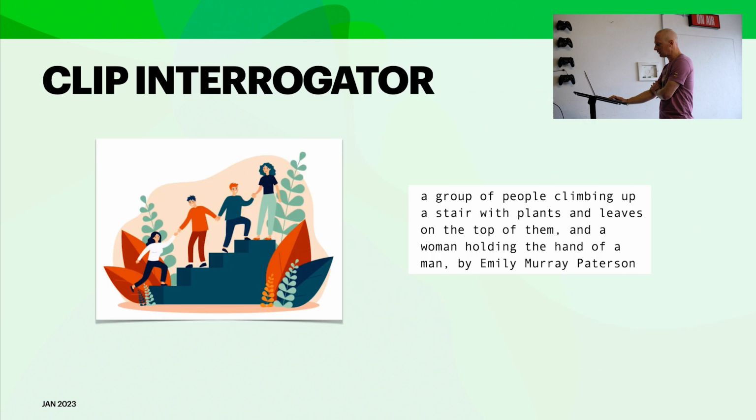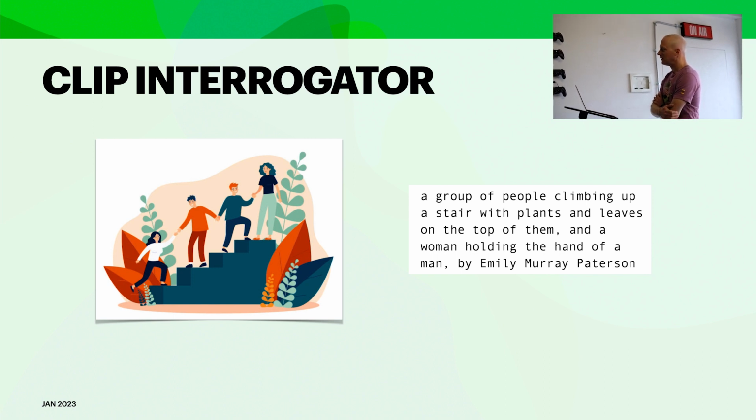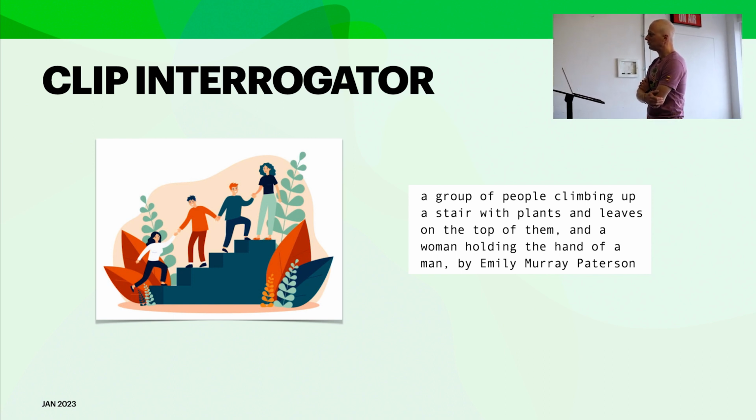Okay, what's next? CLIP Interrogator. This is interesting because it's actually not generating images. You pass it an image, and it gives you back the prompt that would create a similar image.